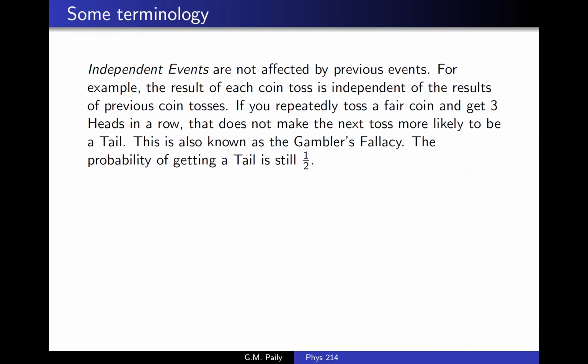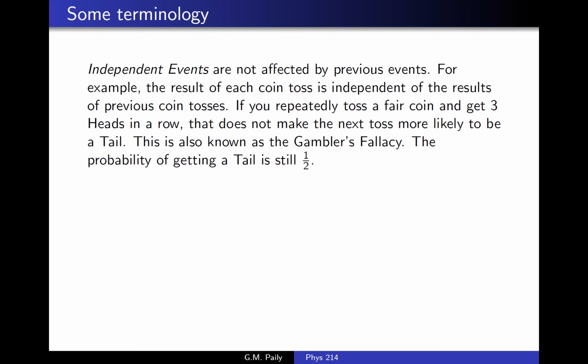Independent events are not affected by previous events. So for example, if you toss a coin, in general, the result of each coin toss is independent of what happened to the coin previously. So if you repeatedly toss a fair coin, and let's say you get 3 heads in a row, that does not mean that the next toss is more likely to be tails.